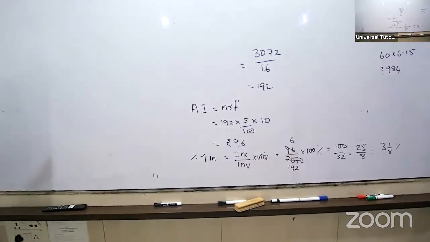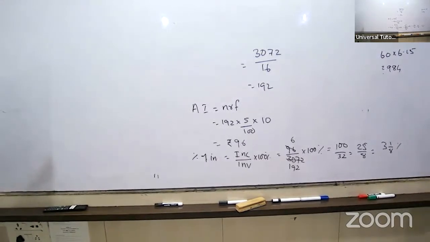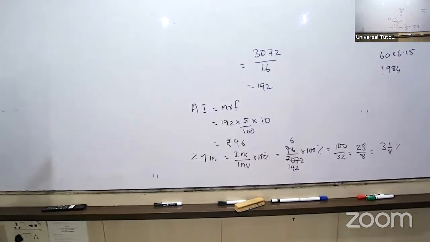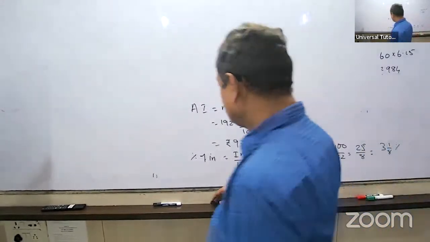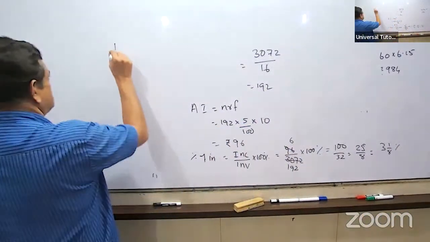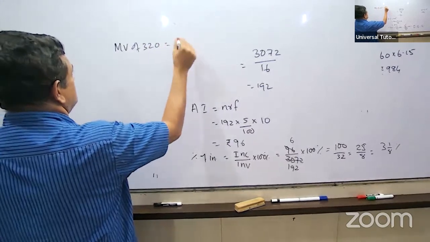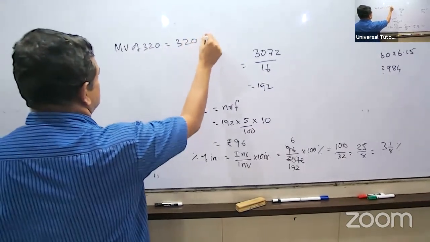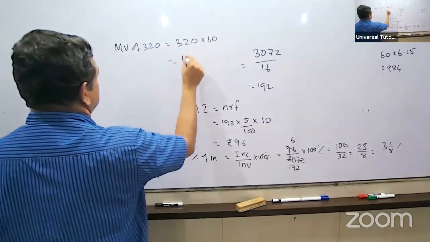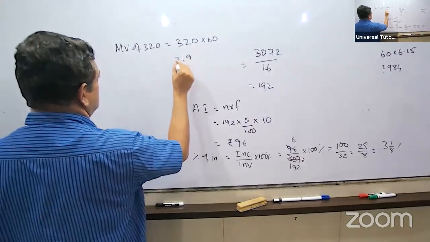Rate of dividend 12%. Market value 50 plus 10, 60. Below, first answer: market value of 320 shares. 320 into 60. 19,200.